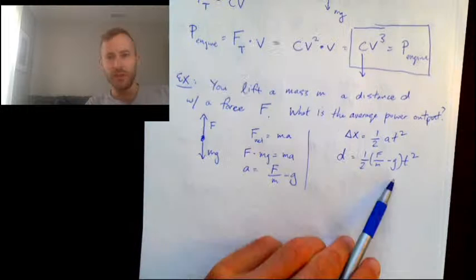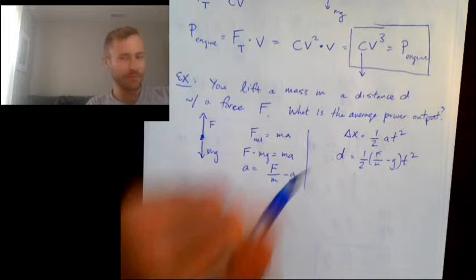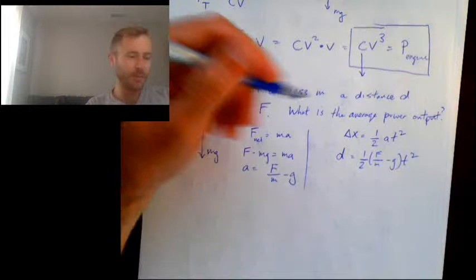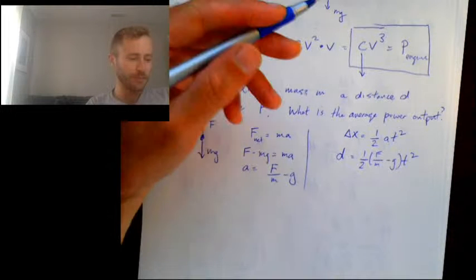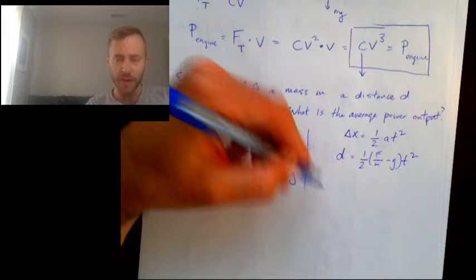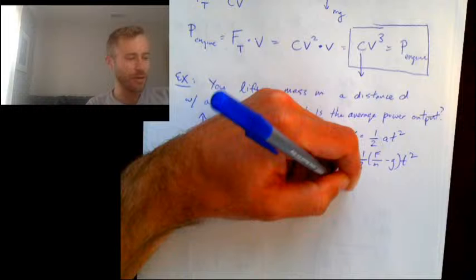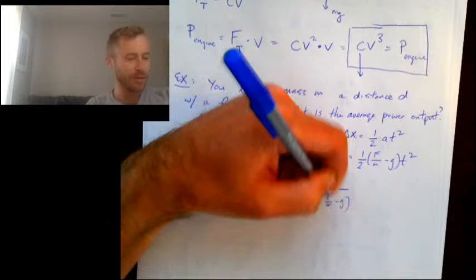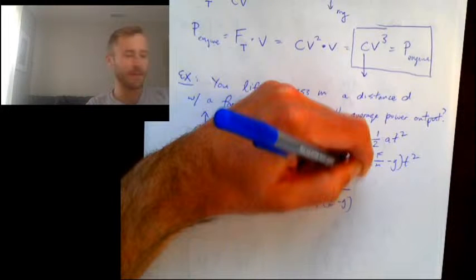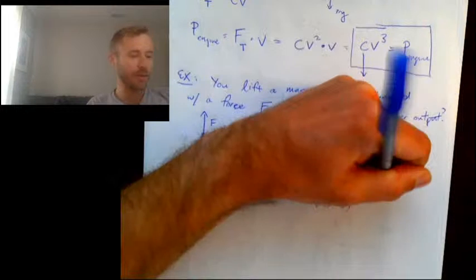So we can see that the time it takes to travel the distance d is going to be the square root of 2d over (F over m minus g). Okay, that's the amount of time.